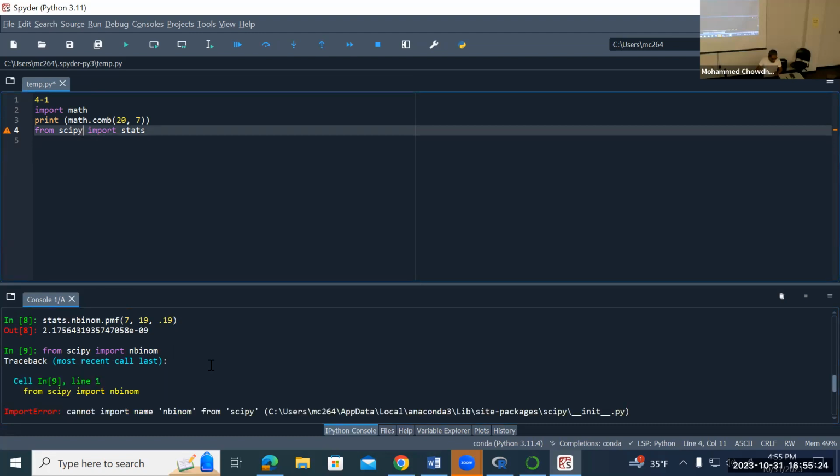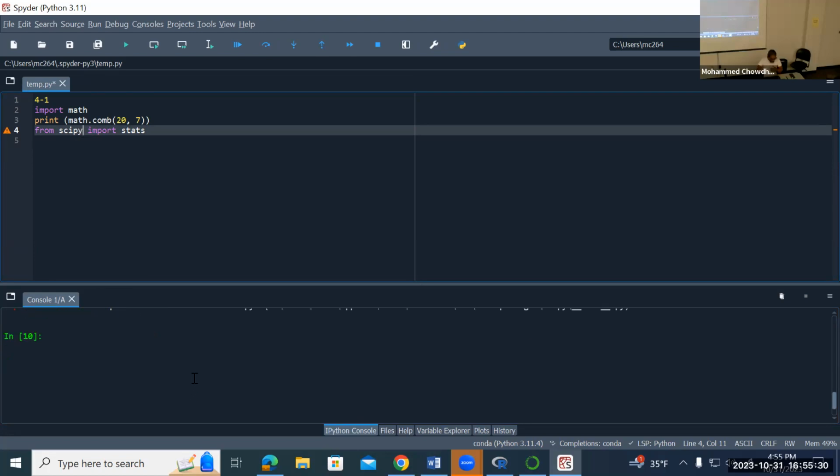It says if you do scipy.stats import, that's what it says. Oh. Like this? Yeah. Okay, and then this is right, but it says rv equals nbinom.